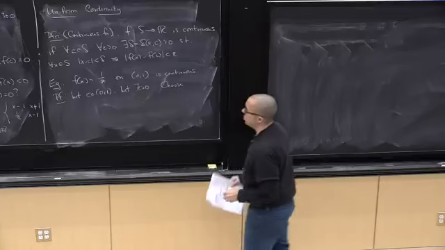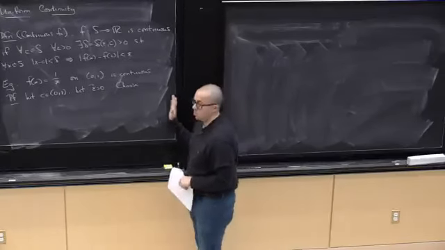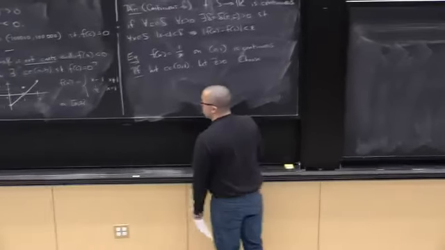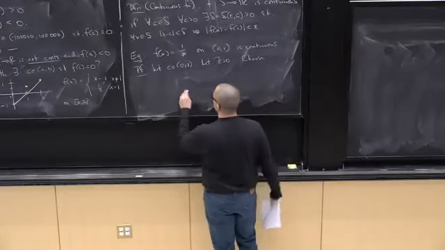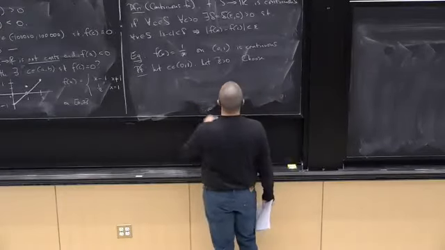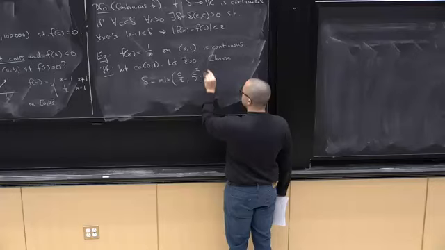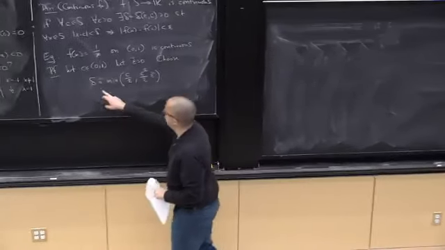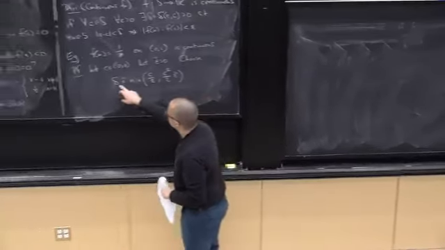Since this is kind of review, I'm not going to go through the thinking behind choosing this delta. There are calculations you do off to the side to get this delta, but let's choose delta to be the minimum of c over 2 and c squared over 2 times epsilon. What I want to emphasize is that this delta depends on c, the point we're looking at, and epsilon. Okay? So I claim this delta works.